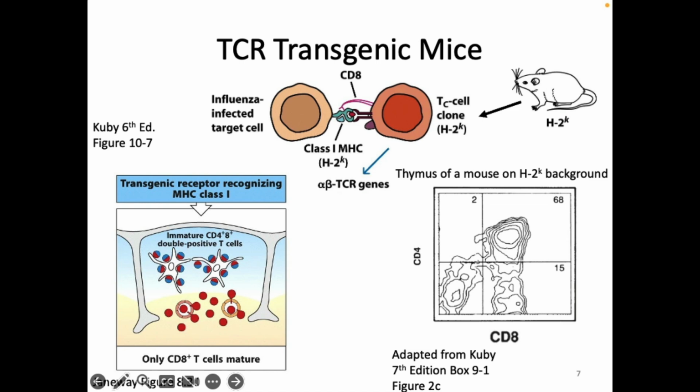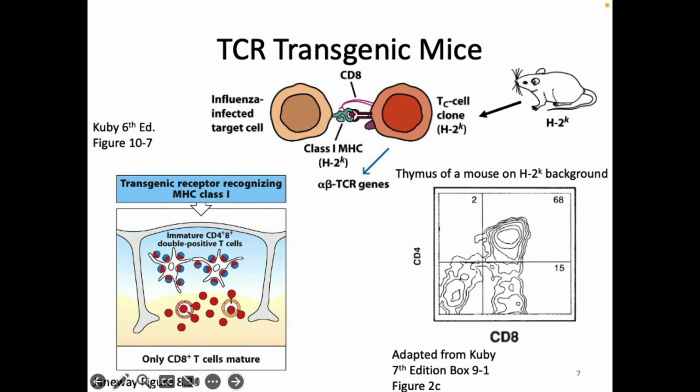In this case, this just says H2K, but if I remember correctly, it's K of K. And we know that this T cell recognizes a particular peptide, this influenza peptide. So when you pick this T cell and say, I want to make a mouse where 100% of its T cells are this, or copies of this, again, that mouse would not do well in the wild, but it's going to be a really useful lab tool.